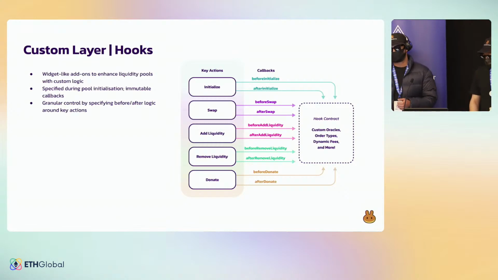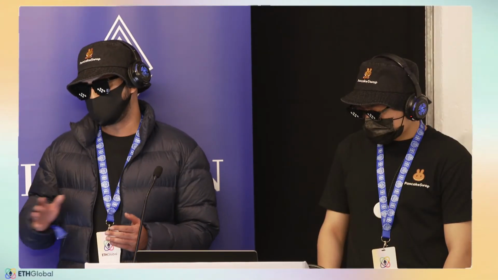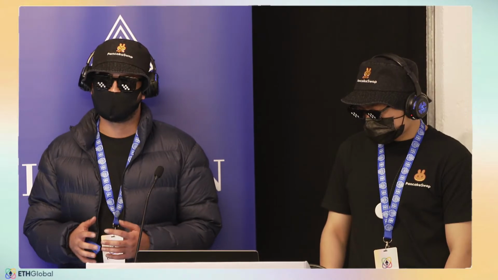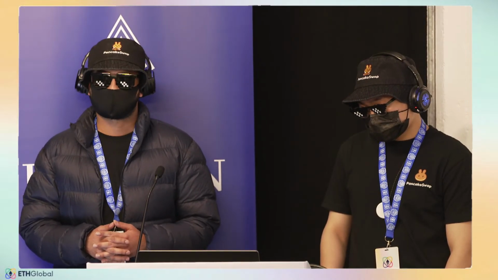You can keep on doing that, and then anyone else can use that particular hook, so it can work as an oracle. So you can implement any of the complex logic using that. We don't need to do any protocol re-implementations, so the possibilities are endless.